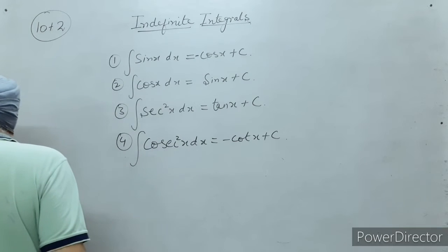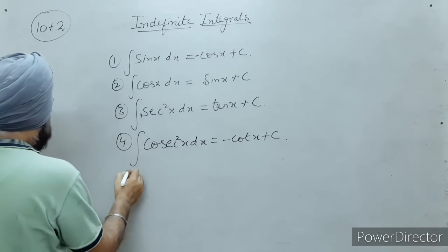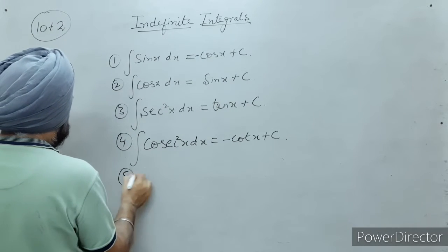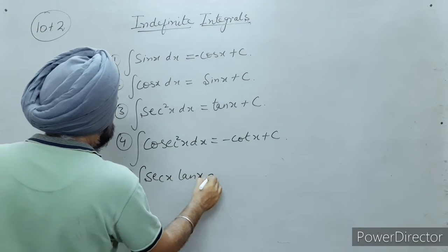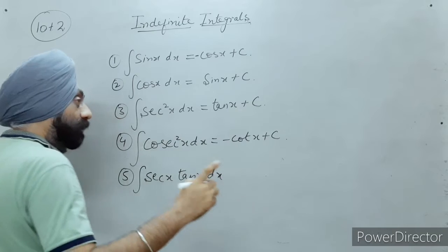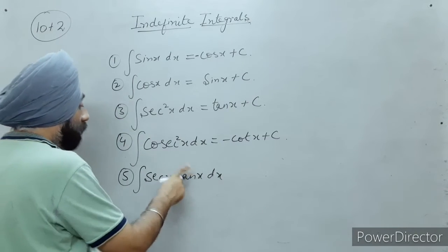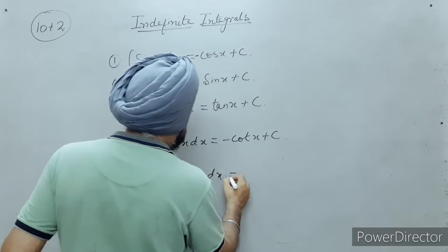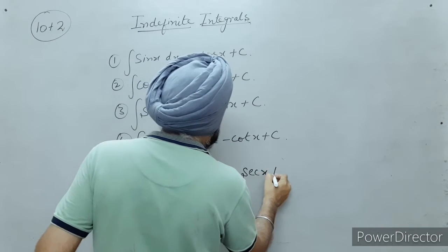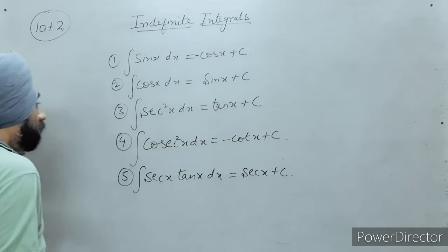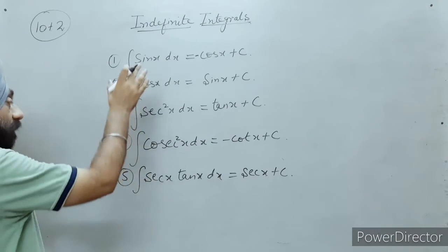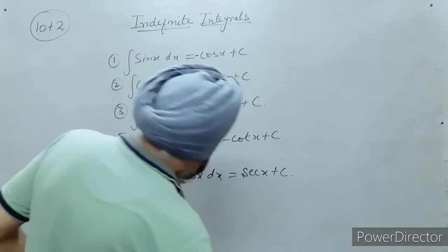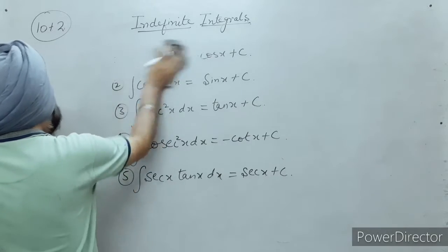Next one is secant x tan x dx. I know the derivative of secant x is secant x tan x, so integral of secant x tan x will be secant x plus c. Right? These are a few formulas. More formulas, you have to make a list of them and just remember them.